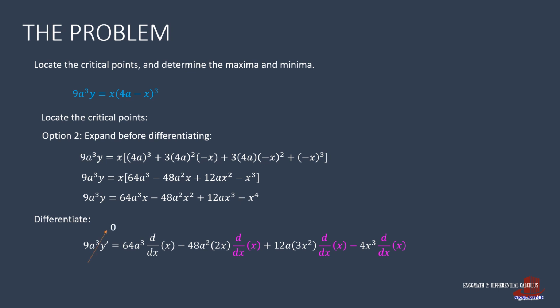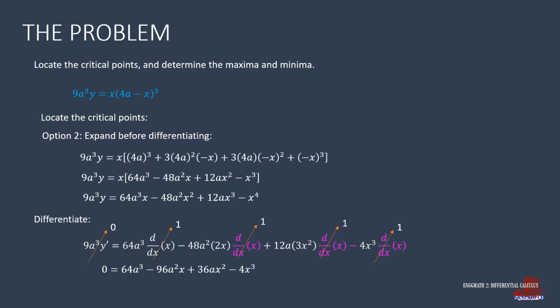Y prime is equated to 0, then dx over dx is 1. The function is then simplified as 0 as equated to 63a cubed minus 96a squared times x plus 36a with x squared minus 4x cubed.